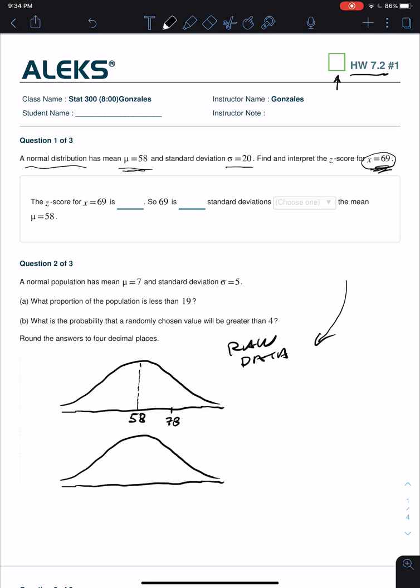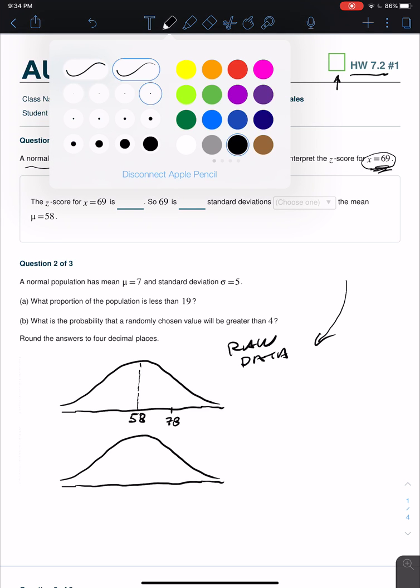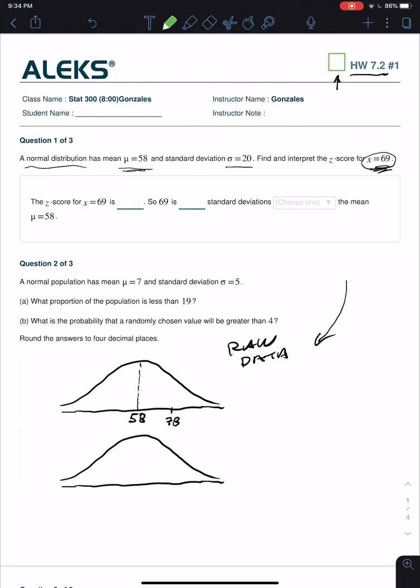Now, if we change this from raw data to a standard normal curve, its mean is always 0.